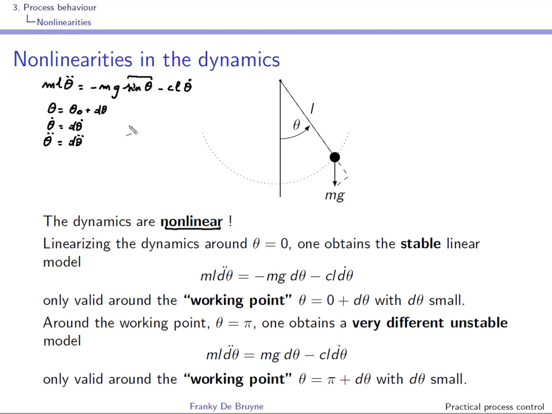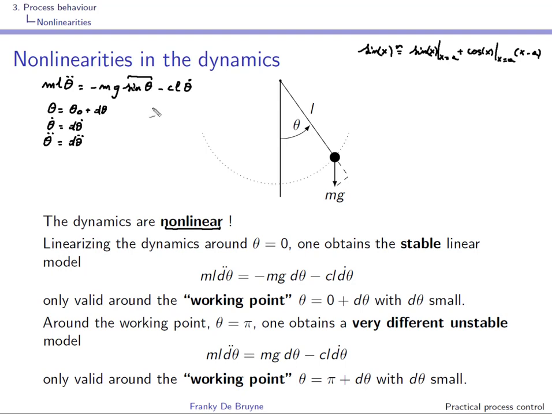You know that sine of x in the neighborhood of a is the sine of x evaluated at x equal to a, plus the derivative, which is a cosine, evaluated at x equal to a, times x minus a. This is coming from the Taylor series.